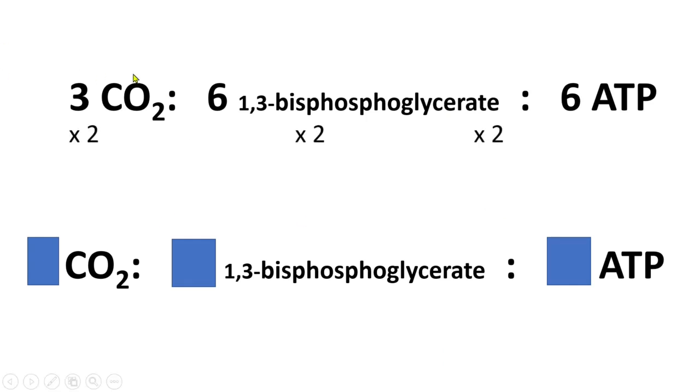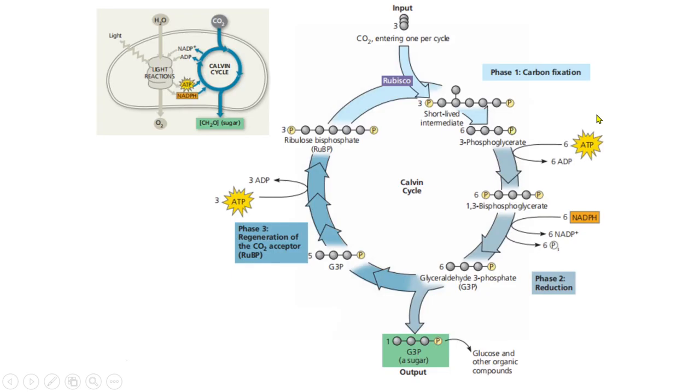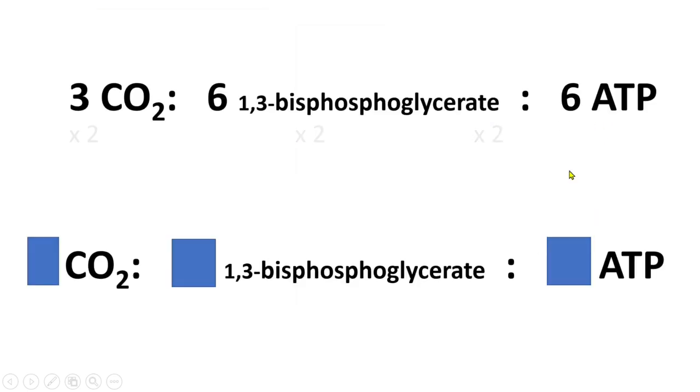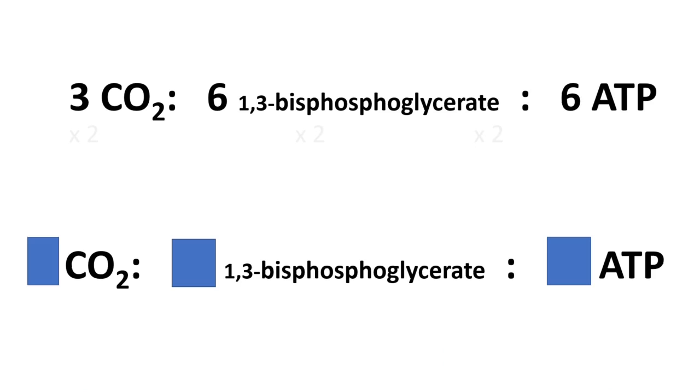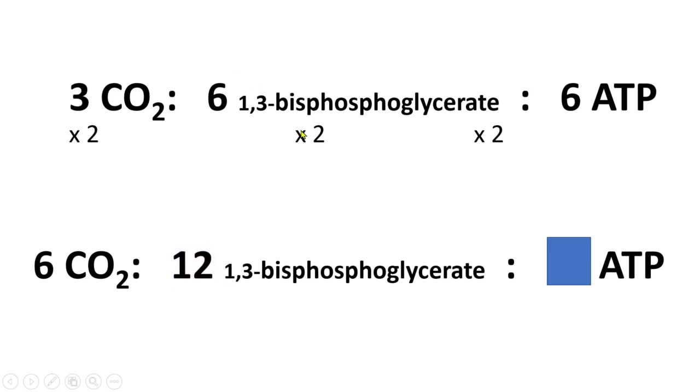So take note of the ratio. There were 3 carbon dioxide a while ago, 6 1,3-bisphosphoglycerate, and 6 ATPs needed, as we have seen in the diagram over here. Since the question is there are 6 carbon dioxide molecules, we just multiply by 2: 6 becomes 12. 6 times 2 is 12.